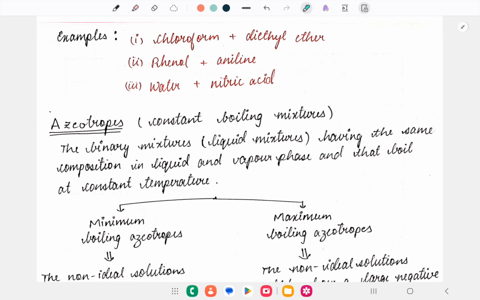Depending upon the range of the deviation observed from Raoult's law, a new category of binary mixtures known as azeotropes is formed. Now we'll speak about azeotropes, which are the constant boiling mixtures.